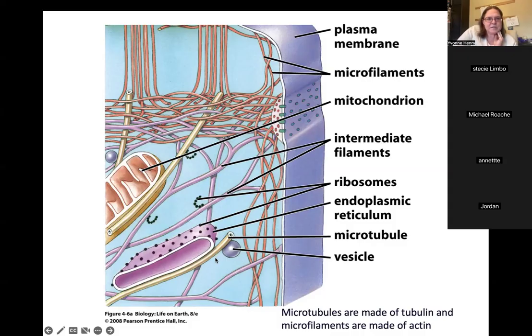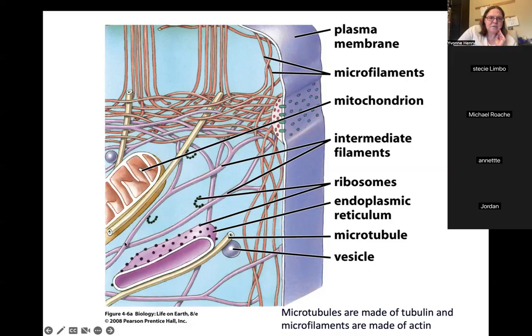But if you notice the organelles here, so this looks like it's part of the endoplasmic reticulum, this pink thing with the black dots. Over here, this is the mitochondria, this orangish thing with the stroma inside it. They're attached to the microtubules because it kind of holds them in place. Notice how the microtubules are attached to those organelles.